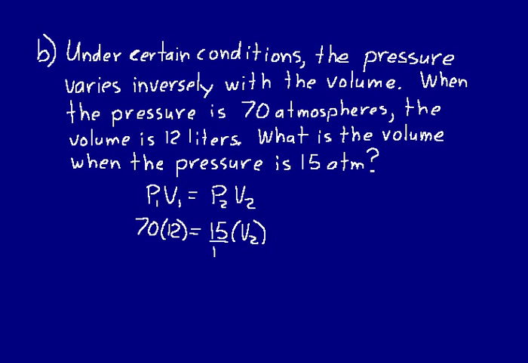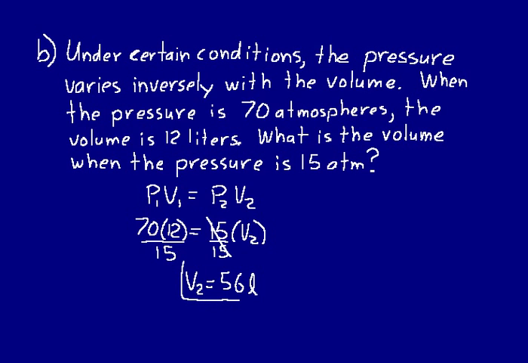Now let's divide both sides by 15. And if we do the math on that, we'll end up with 70 times 12 divided by 15 is equal to 56 liters. So V2 is equal to 56 liters.